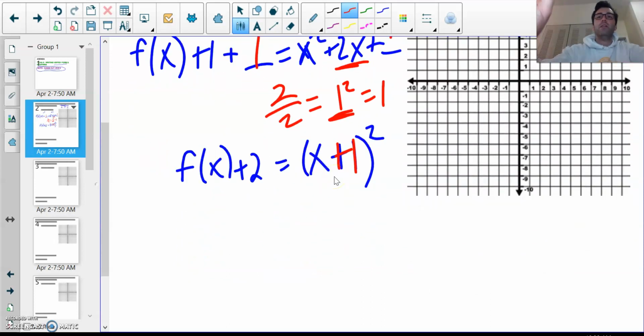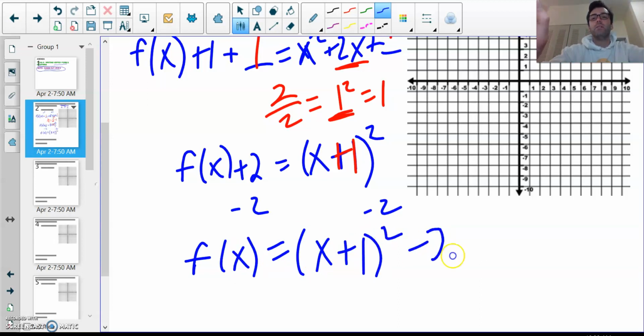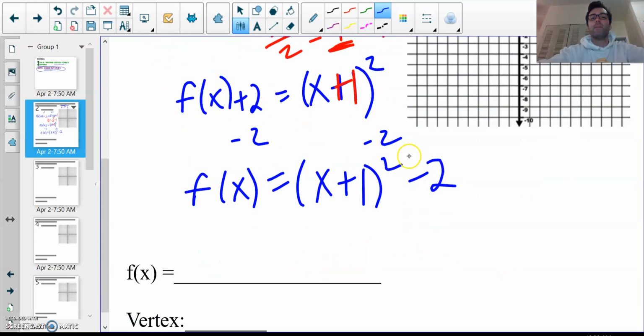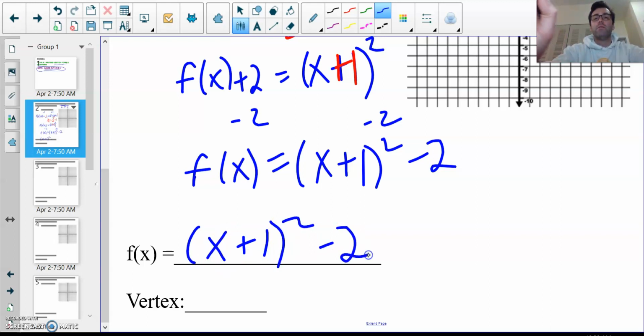Last step over here. Move that 2 to the other side. F of x equals x plus 1 squared minus 2. Okay? So this is vertex form. We didn't put a name on it, but this is called vertex form. We have talked about this a little bit.